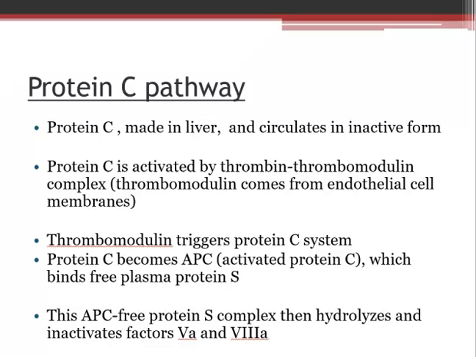That thrombomodulin complex triggers the protein C system, and the protein C becomes activated protein C, which binds with free plasma protein S, and that combo of the activated protein C and the free protein S complex then hydrolyzes and inactivates factors 5A and 8A. So that's how it helps prevent coagulation.